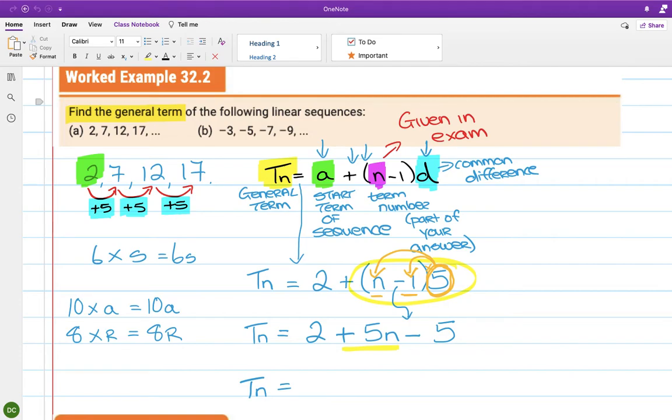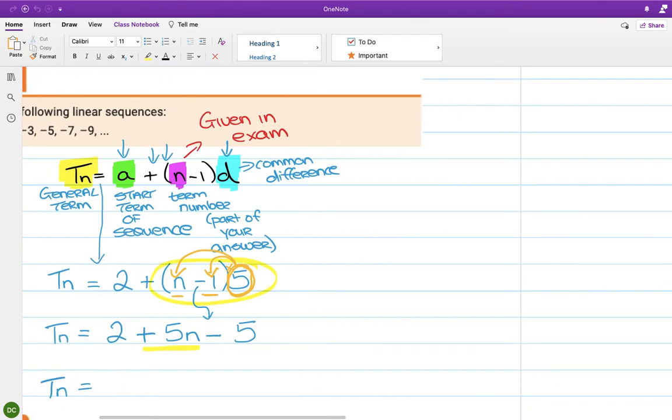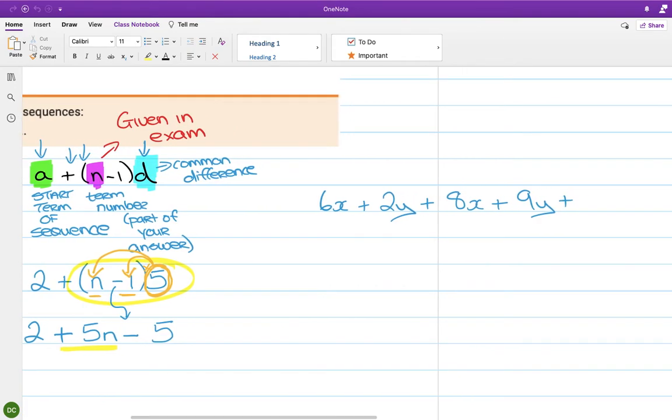So if we look, hang on, I'll give you an example, watch this. If I did 6x plus 2y plus 8x plus 9y plus 4, can you pick out the families? This one here has the letter X, and so does this one here.